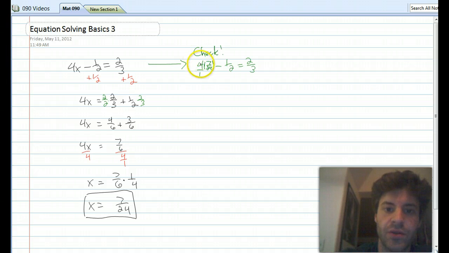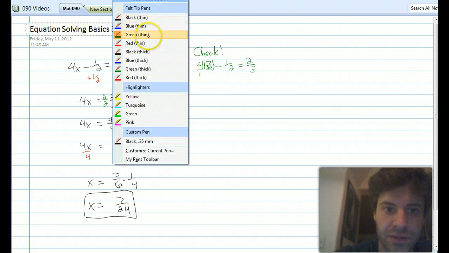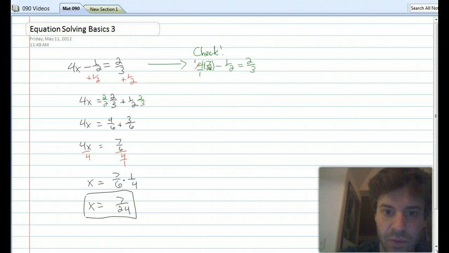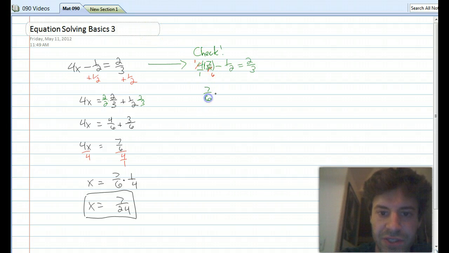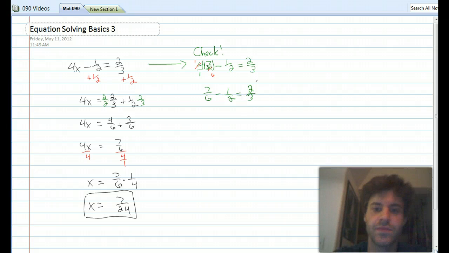The 4 in the numerator is going to cancel with the 24 in the denominator. 4 over 4 cancels, and the 24 leaves you with a 6. Now this first fraction becomes 7 over 6. Copy down the rest of the equation, and you have 7/6 minus 1/2 equals 2/3.